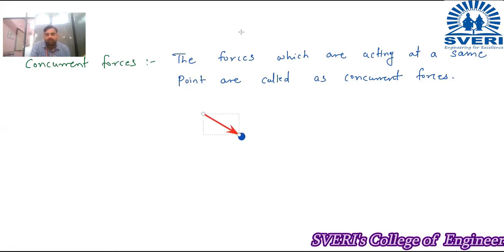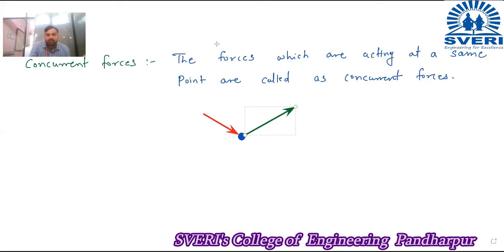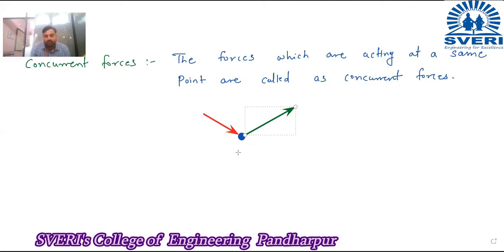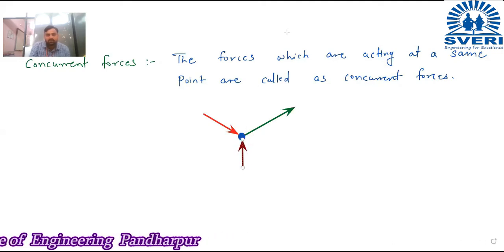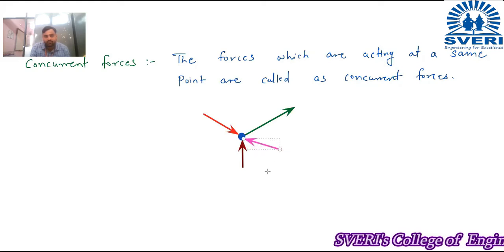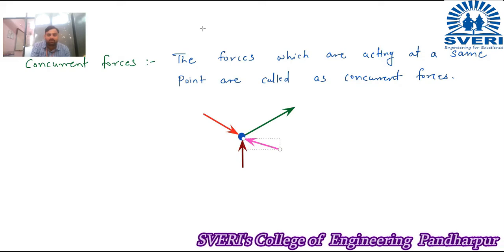The next force is F2, which may be acting like this. F3 may be vertical like this. Next force is F4, acting in this direction. So all these forces are nothing but concurrent forces.